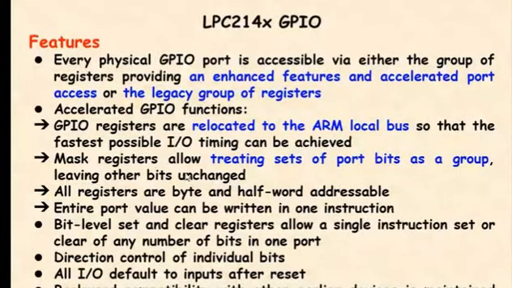Mask registers allow treating sets of port bits as a group. Mask means making it 0, leaving other bits unchanged. So if you want to make a mask, you can say hiding. You can hide the bits using mask operation, leaving other bits unchanged.